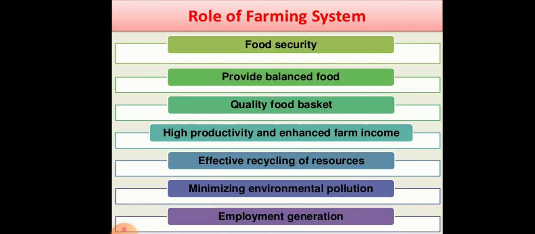So nagkakabalikan. So that is the recycling of resources. Then minimizing environmental pollution. That's why one of your modules is organic agriculture and good agricultural practices, on how to farm and how to grow crops and raise animals harmoniously with nature.